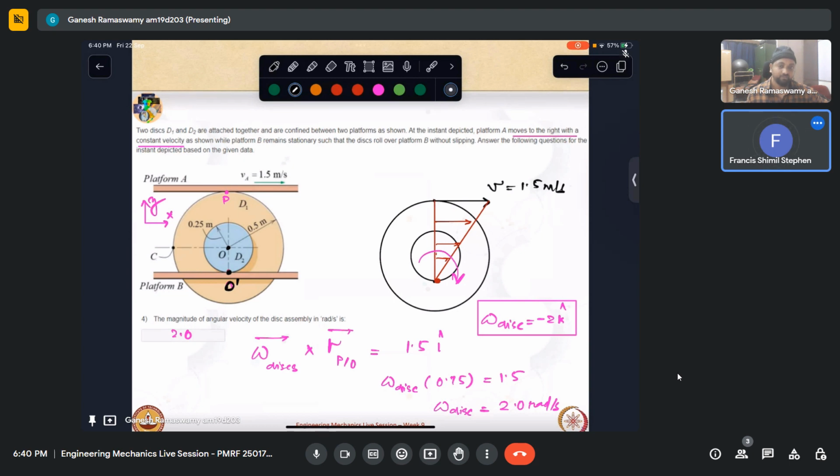This assembly is moving forward to the right. It is rolling by virtue of the movement of platform A, which is over that disk. So it has nothing to do with platform B's movement. All right. That's a good question.